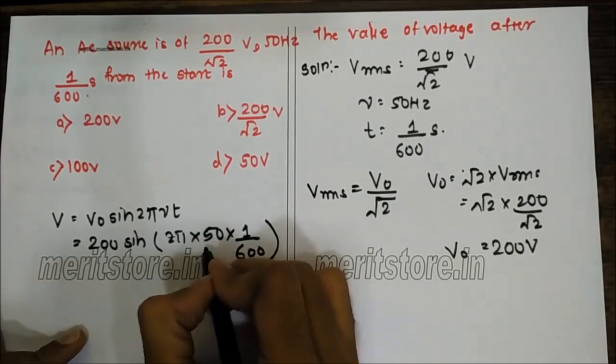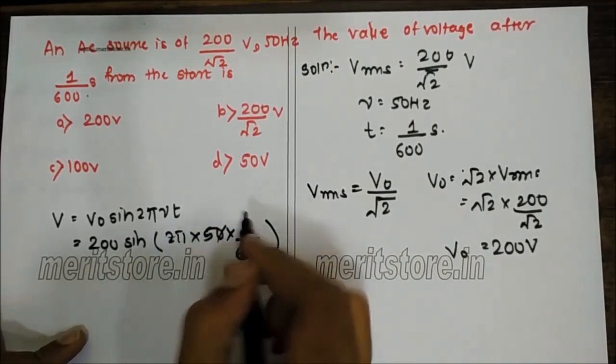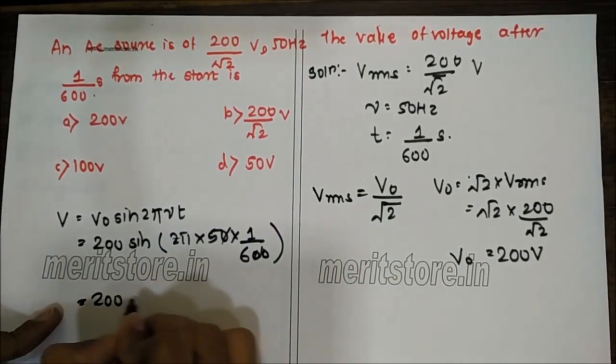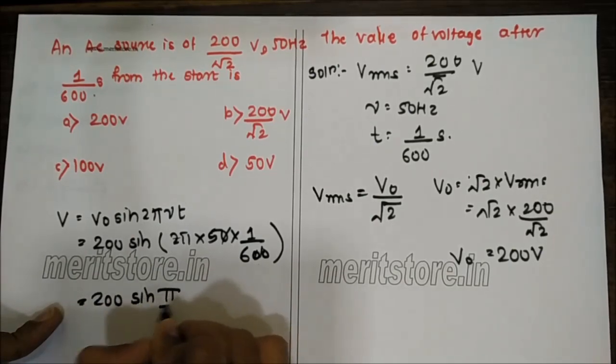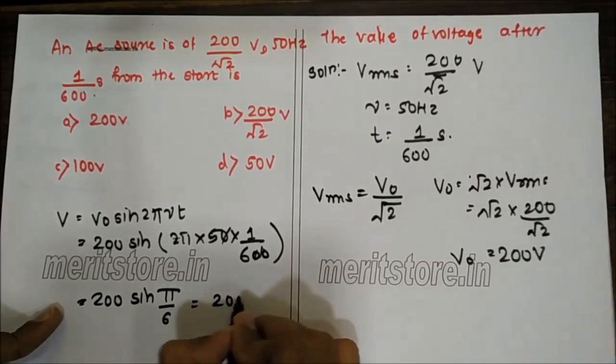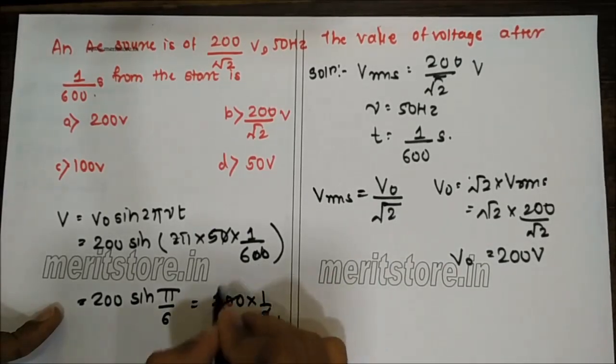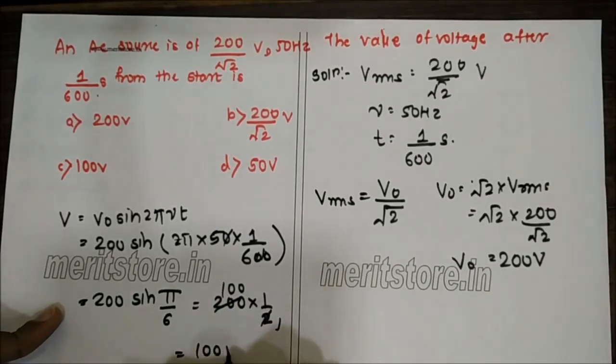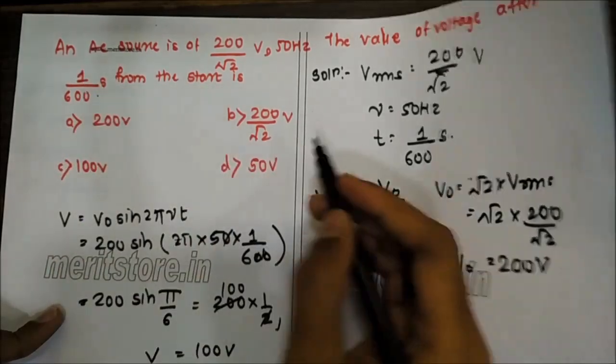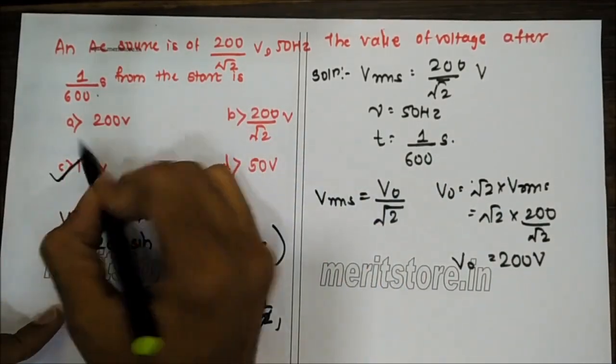So 5 2s are 10, the 0 goes off and this becomes 1. So we are left with 200 sine of pi by 6, where sine pi by 6 becomes half, so 2 1s are 200s, it gives you a value of 100 volts after 1 upon 600 seconds. So C is the correct option.